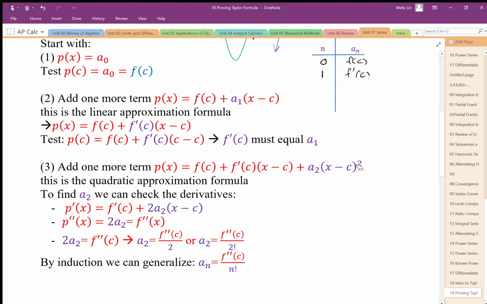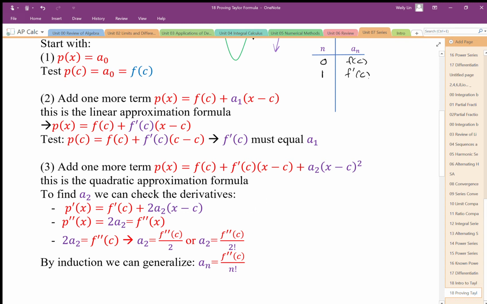To differentiate this, I apply the power rule, so I get 2a2, and now I'm down to a linear function. I can actually test this: at x equals c, do I get the right derivative? At x equals c, I get f prime of c equal to p prime at c. Yes, that's true, so this is good for that derivative.